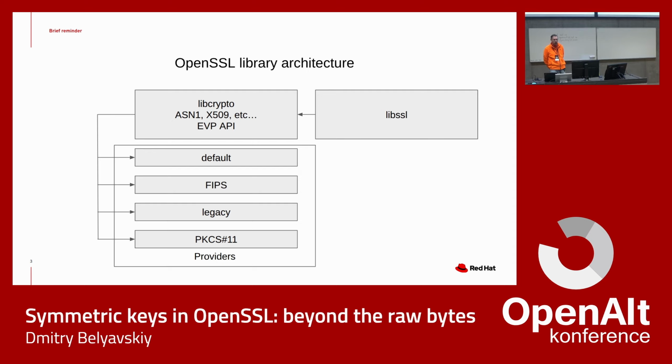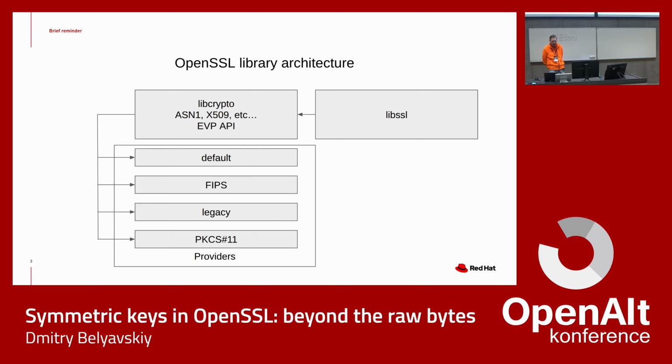But when we're speaking about OpenSSL, you see that libcrypto provides the end-user API, but all the algorithms are implemented in various so-called providers. Basically, you can consider it as plugins. OpenSSL currently has three built-in providers providing algorithms.